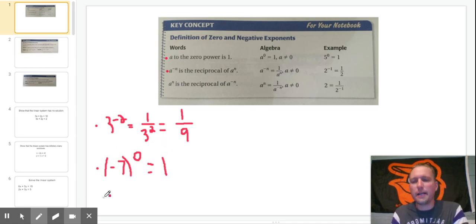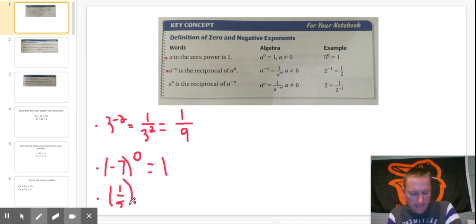And then the last one that I'd like to talk about today is if you have 1/5 to the power of negative 2. What you would do, again very similar to our first example, is write this as the reciprocal.